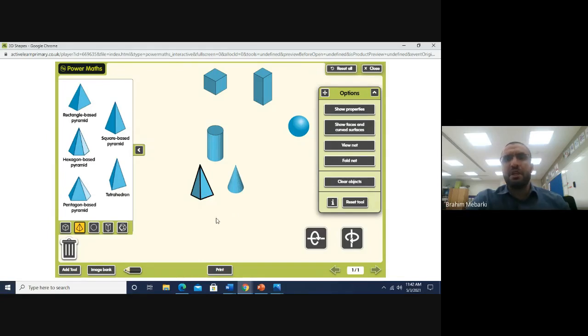Now, let's revise some of the properties of 3D shapes. Let's take a cube. How many faces does a cube have? Do you remember?